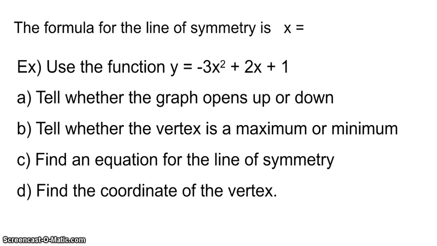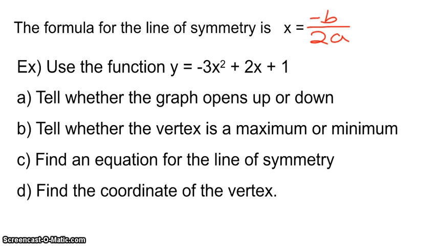The formula for the line of symmetry, as we have discussed before, is negative b all over 2a. Using the function y equals negative 3x squared plus 2x plus 1, we're going to tell whether the graph opens up or down.